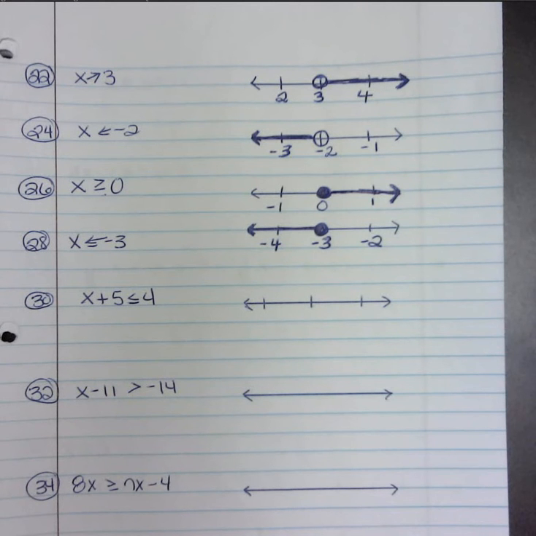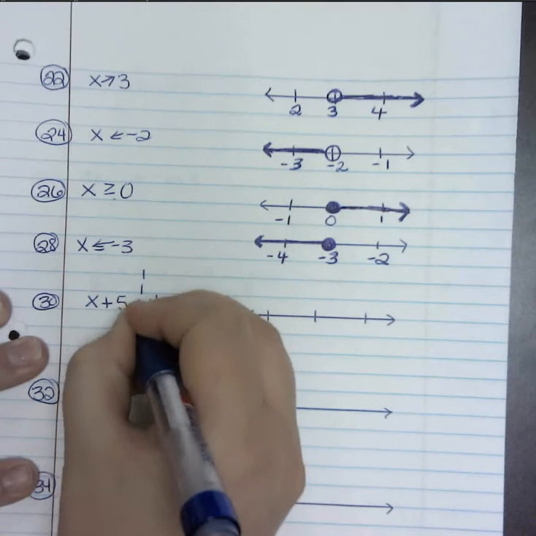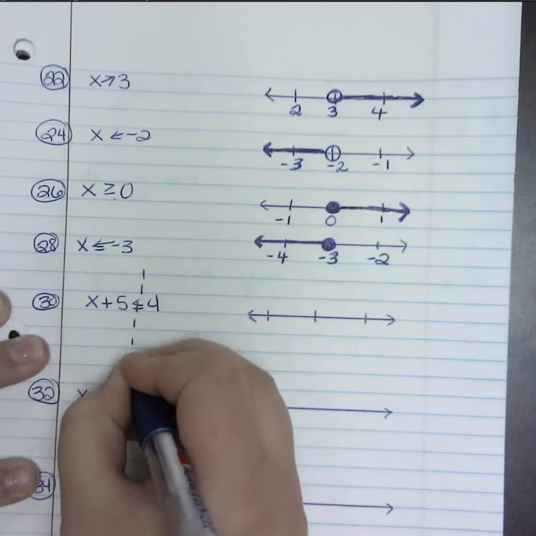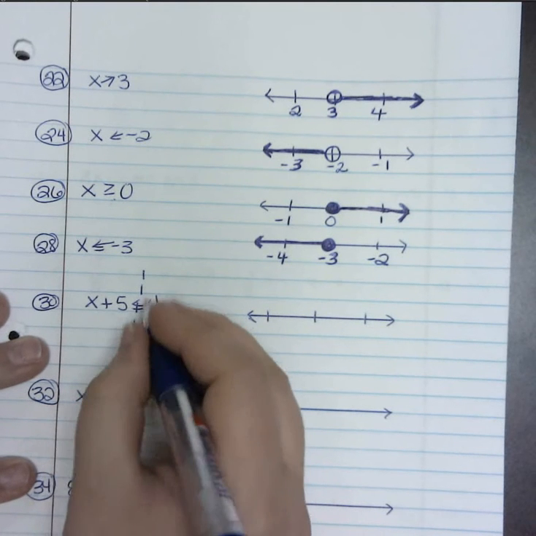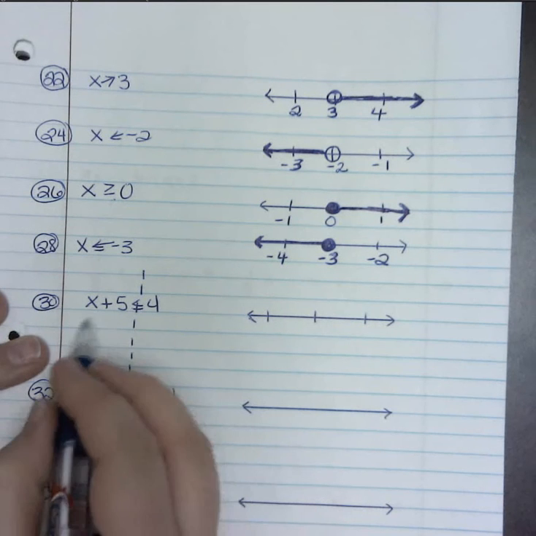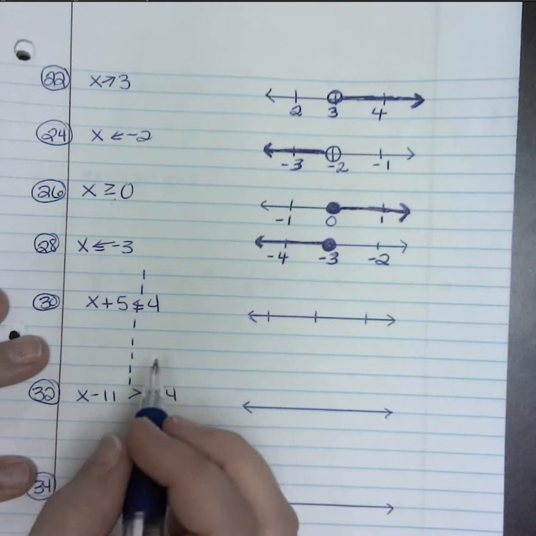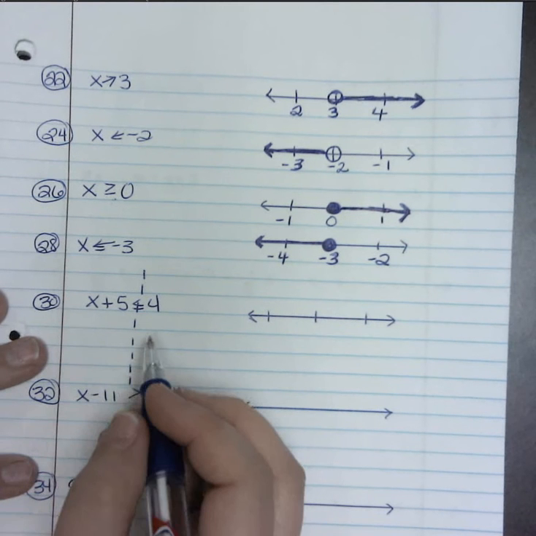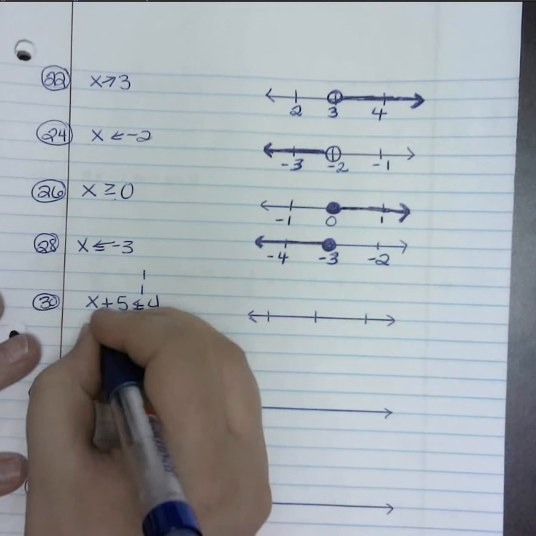And you can imagine, I don't want you to change it, but you can imagine that right here is your equal sign, and this dotted line represents your left side and your right side. So if we were to solve this, you do the opposite that's being done to x. So the opposite of adding 5 would be to subtract 5.